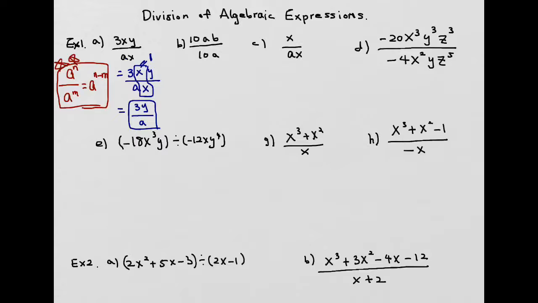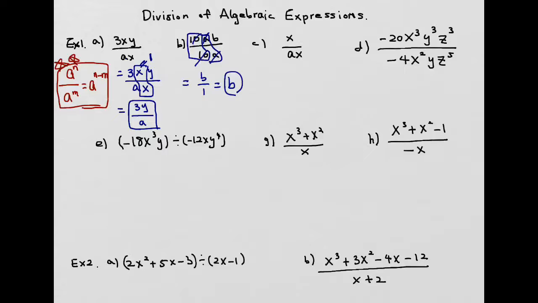What about the next one? The same reason, 10 over 10 will cancel out. And a over a will cancel out. So this gives you b over 1, which is just going to be b.